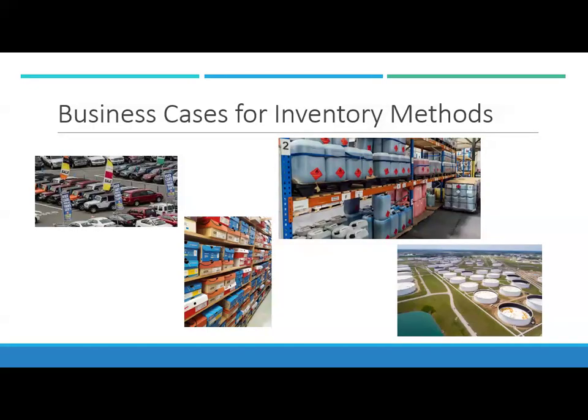Where depreciation methods, the IRS almost requires that you use a different depreciation method for the IRS and for the financial statements. But for inventory cost flow, it has to be the same. And so that's why companies use LIFO a lot of the time. And then companies will also choose weighted average cost for simplicity sometimes, or just because that's the method that they want to use.